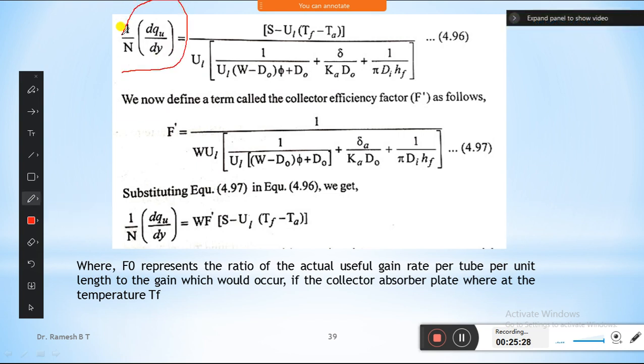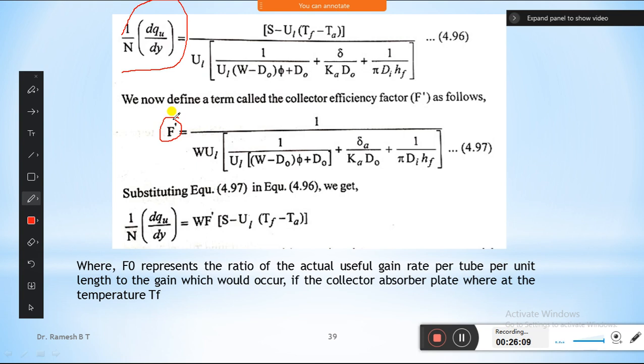It is 1 by n, n being the number of tubes, dQ by dy along the y direction, which is equal to (S minus UL) into (Tf minus T0), the whole divided by UL into [1 by (UL (W minus d0) phi plus d0) plus delta Ka d0 plus 1 divided by phi Di hf]. And now we can introduce one term called F0, the collector efficiency. You just remember this equation: F0 is the final collector efficiency.